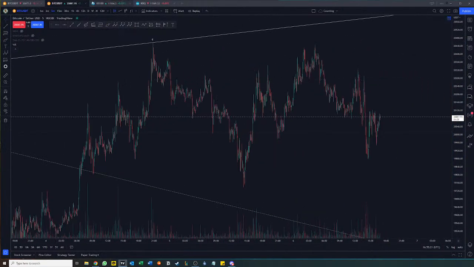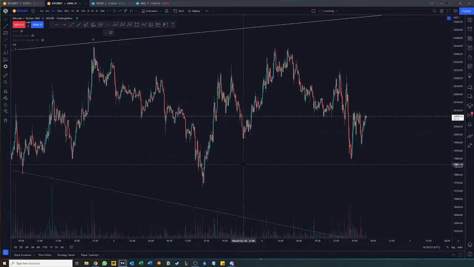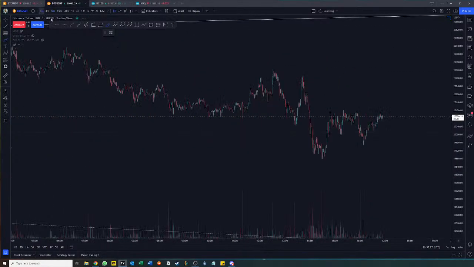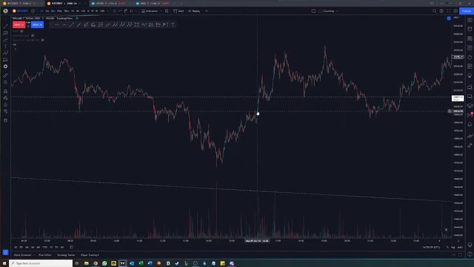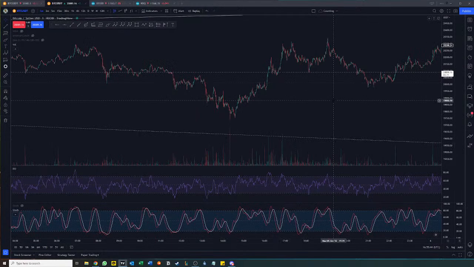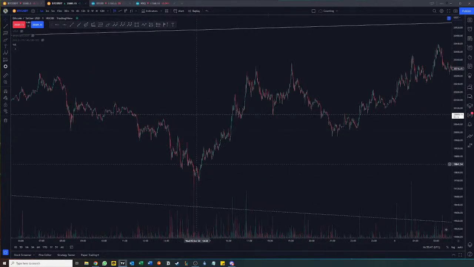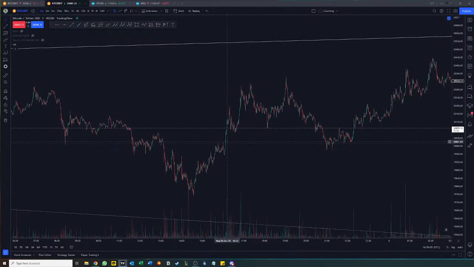But that is ABC, and here let's count. Oh, this is very messy. A B C, C, A B, 1 2 3 4 5. 1 2 3 5.